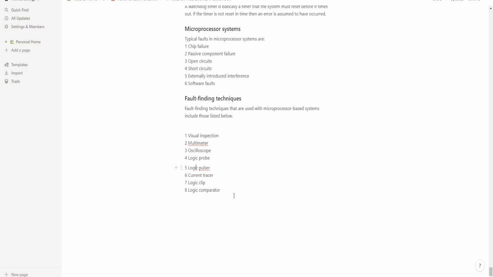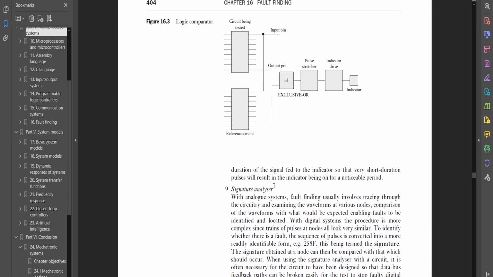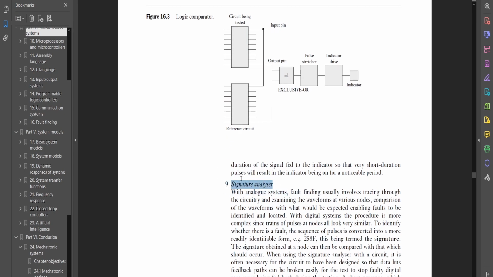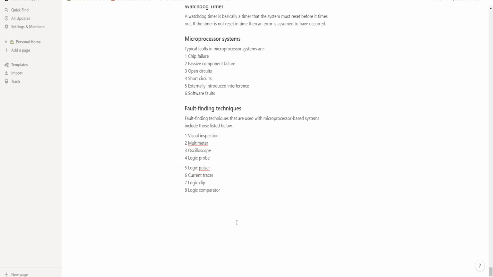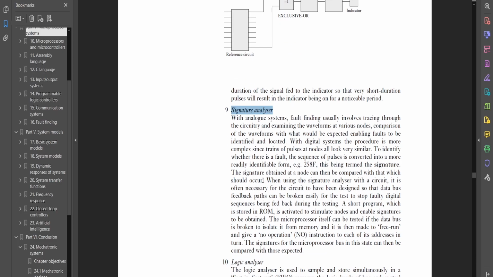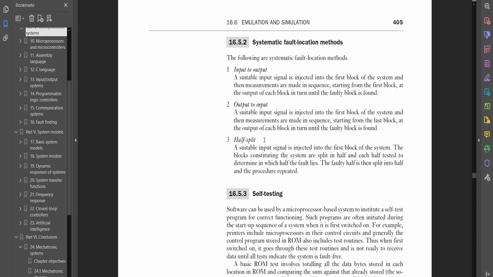I just want to read over each one of these just to get it into my brain. But there's a lot here, man. What's up with all this? So this is supposed to be fault finding techniques using microprocessor-based systems, include those listed below. Okay, that's not it. There's more, man.